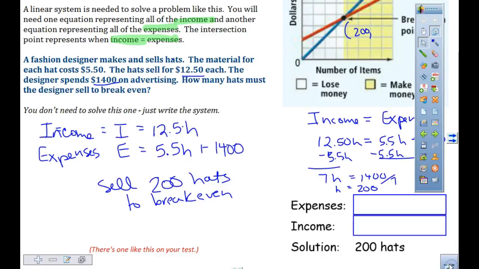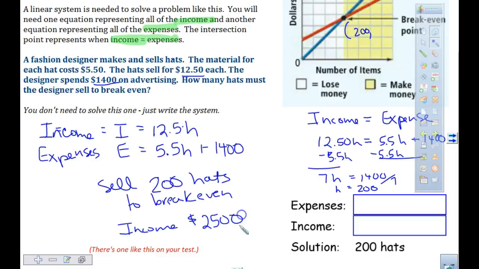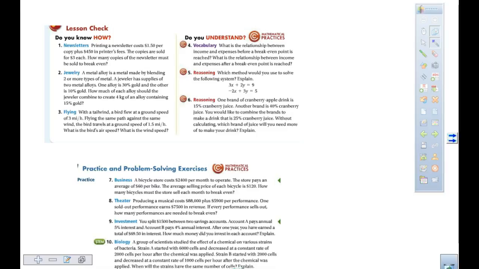We should have 200 hats for our solution. Anyone figure out our cost? And that break-even point for our income, how much money was it, say it one more time, Avery? $2,500. Okay.